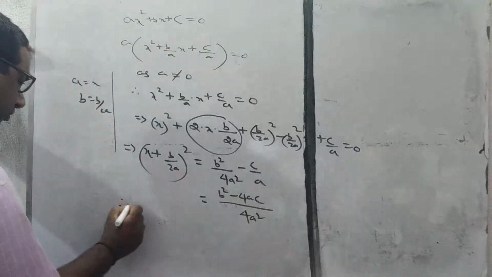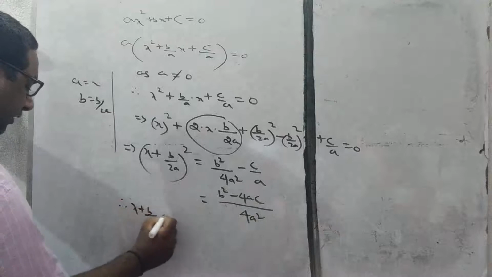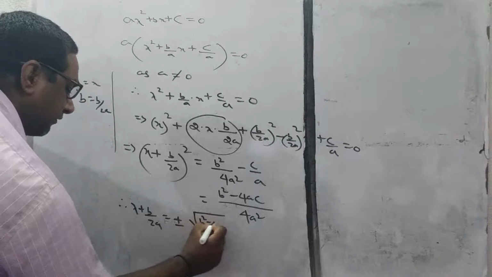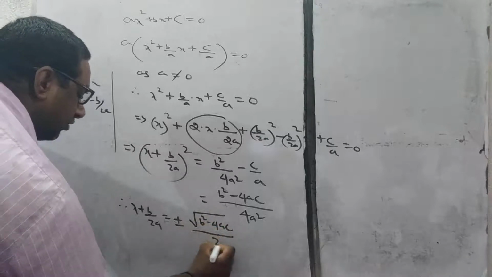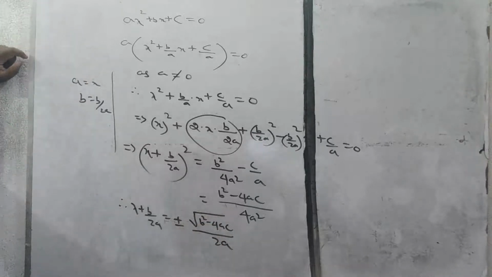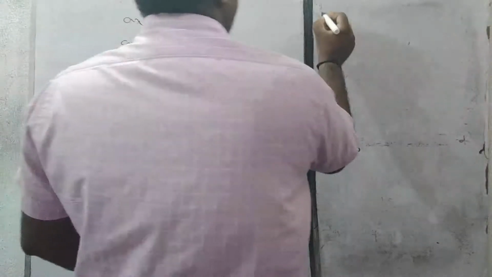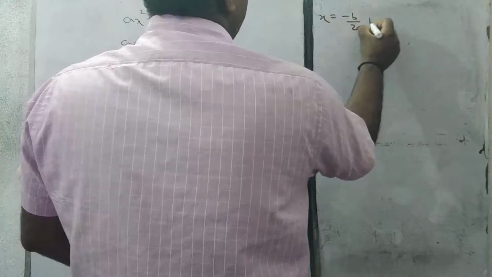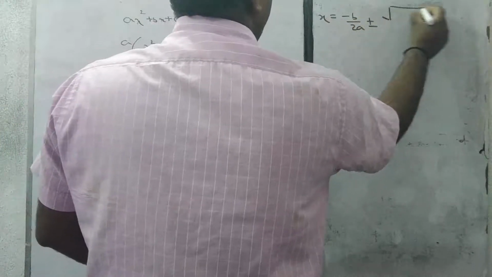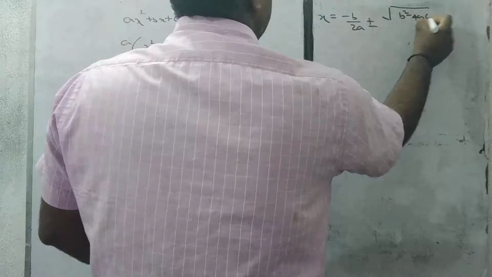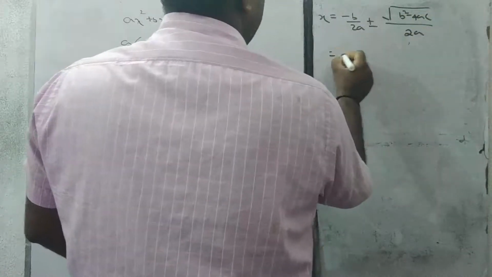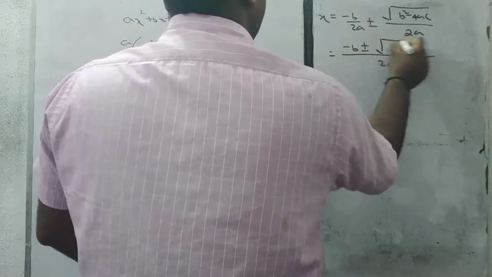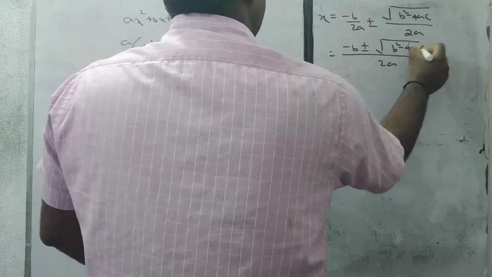So therefore x plus b by 2a is equal to plus minus under root b square minus 4ac upon how much? 2a. Okay. So the value of x is equal to minus b upon 2a plus minus under root b square minus 4ac upon 2a. Take 2a as a LCM. So minus b plus minus under root b square minus 4ac.